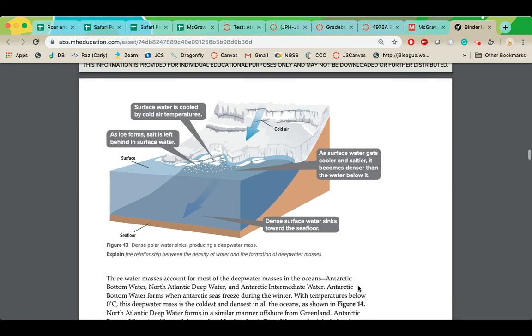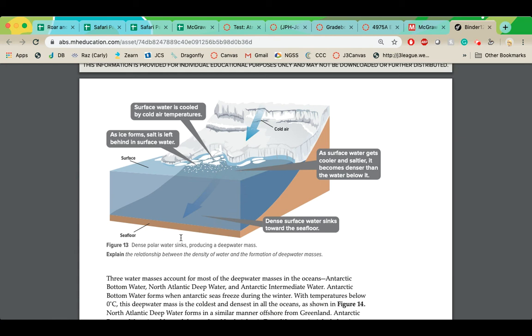And I want to talk about how salt water is made. It tends to be very, very nutrient rich, but as the ice in the polar region forms, it doesn't make salty ice. The ice is fresh water. So it leaves the salt behind. So there's less water compared to the amount of salt, which makes it saltier. That water gets extremely heavy and it's cold.